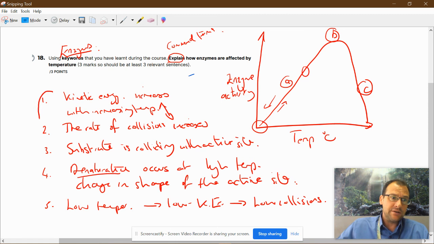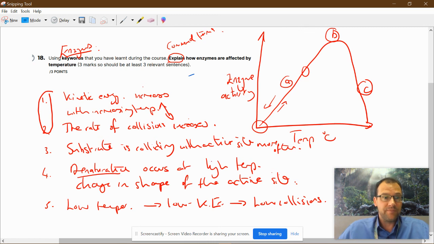If you say kinetic energy increases with increasing temperature, therefore the rate of collisions increases, that would get you a mark. Substrate colliding with the active site more often, and then the denaturation, change in shape of the active site, gives you another mark.